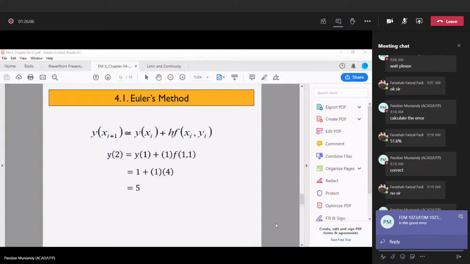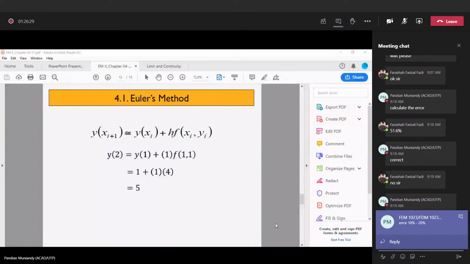So class, normally we want the percentage error in the range of 10% to 20%, if not less. So this is your target.